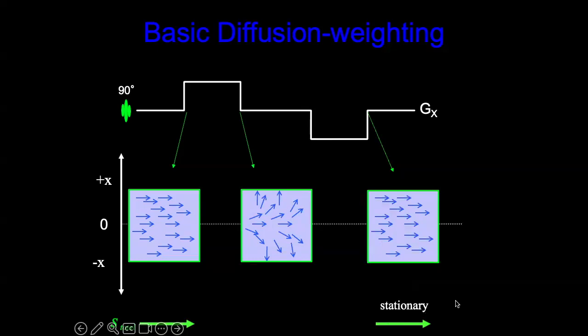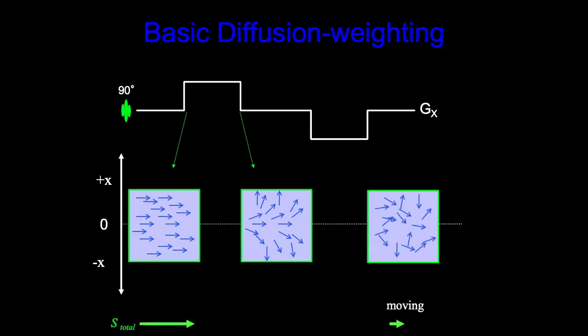But in this biological environment, some of them will have moved, so they will not all line back up, and the effect of that is that the net magnetization is now lowered. Net magnetization is a little lower, so that's the effect of the diffusion. How much lower it is will depend on how many of those molecules moved, how far they went, and all that.